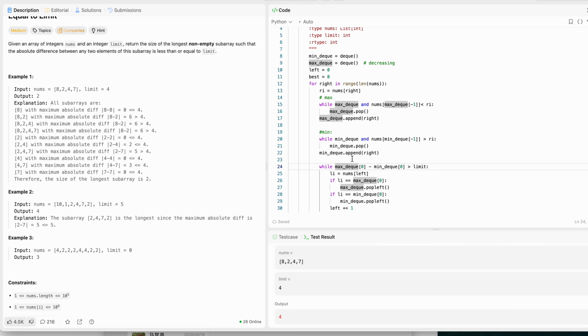I need to keep in mind that what I store is not the value, it is the index. So let me edit. This is the problem. Okay, this is one place there's a problem.